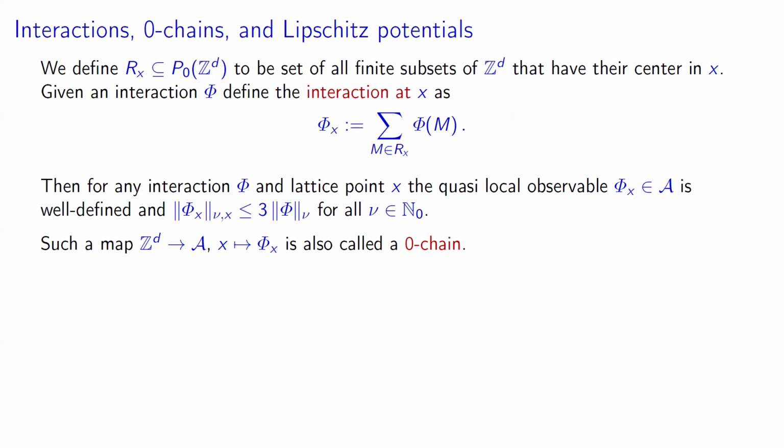And such maps that take points in the lattice to elements of the algebra, so here for every x we have a phi x, this is called in the literature a zero chain. If you look in other papers, I will not use this notation. Ask me in the break about this.